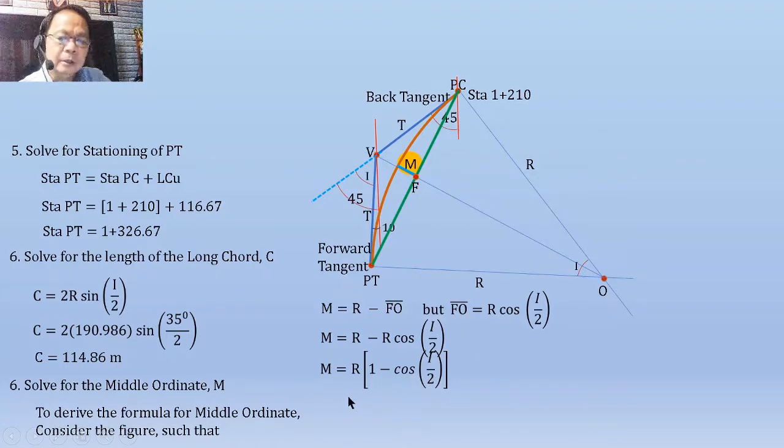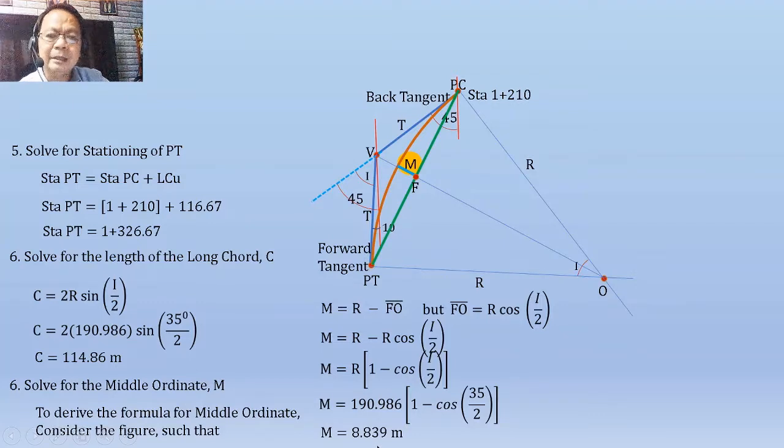So if the value of R and the intersection angle are substituted, we can solve for the middle ordinate as 190.986 multiplied by 1 minus cosine of 35 over 2, giving us a value of M equal to 8.839 meters.